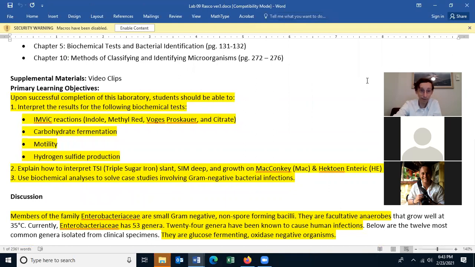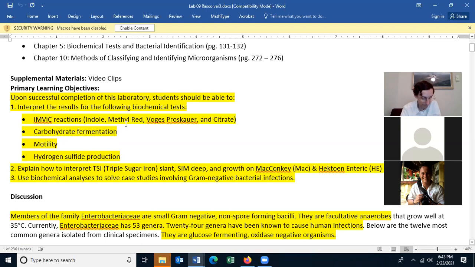Upon successfully completing this lab, you should be able to interpret the results for the following biochemical tests: IMVIC, which stands for indole, methyl red, Voges-Proskauer, and that's so complex that most people just say the VP test, and the citrate test. Carbohydrate fermentation is more than one test.